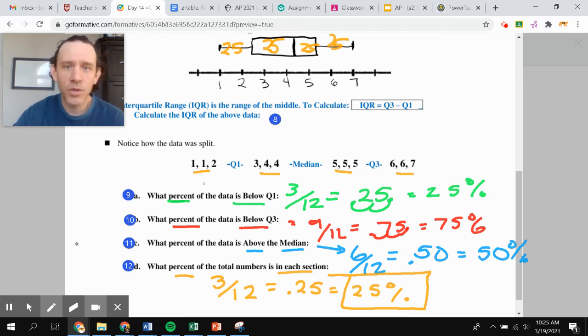So if I ask you what percentage of my data is more than 2.5, right? 2.5 is here. You can then see that there's 3 sections of 25% that add up to 75%. So that'll always be the case when you know what numbers you're looking for in the box plot.